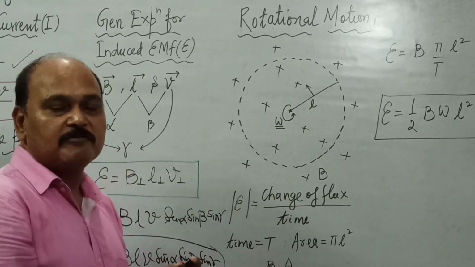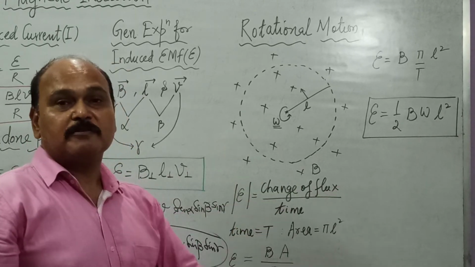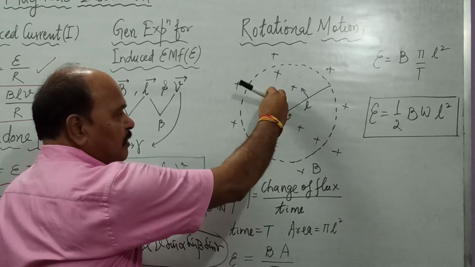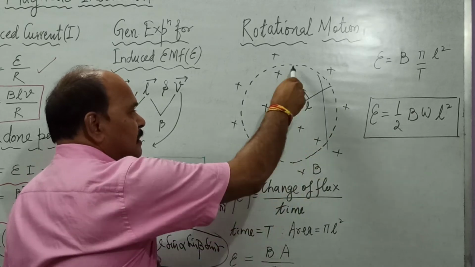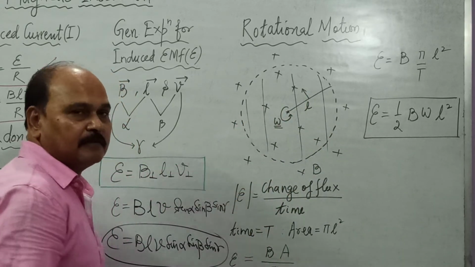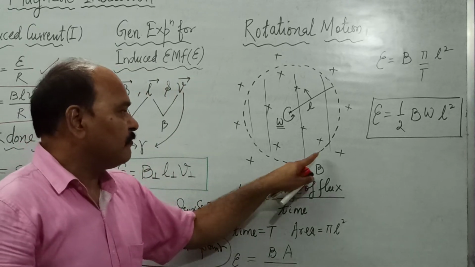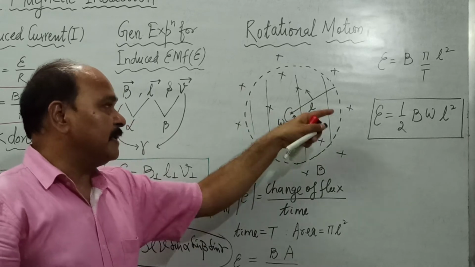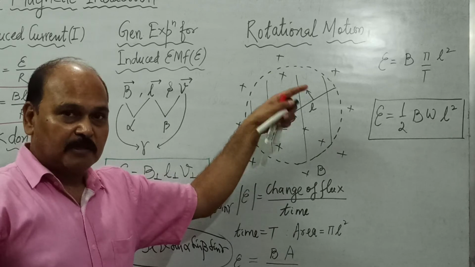Why is induced EMF produced? Simply because as this straight conductor moves in the magnetic field about one of its ends, it sweeps this area in one complete revolution. Even for one complete rotation, it sweeps area out of this disc only, this circular patch.